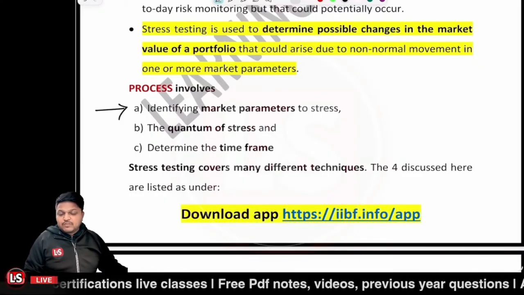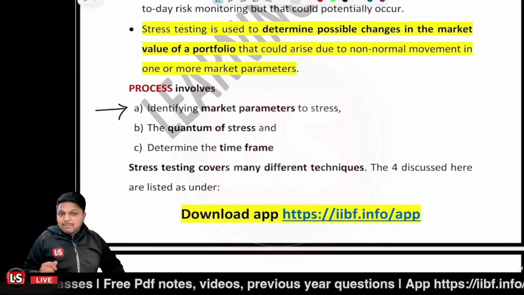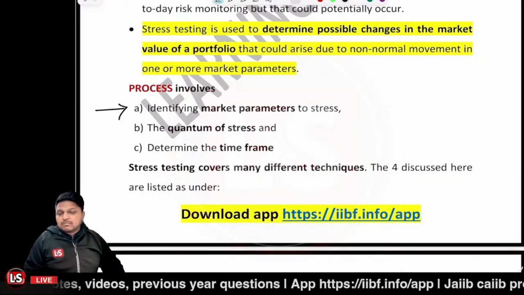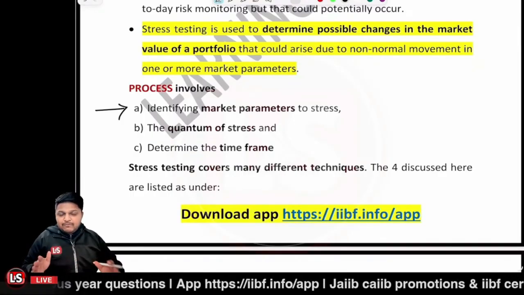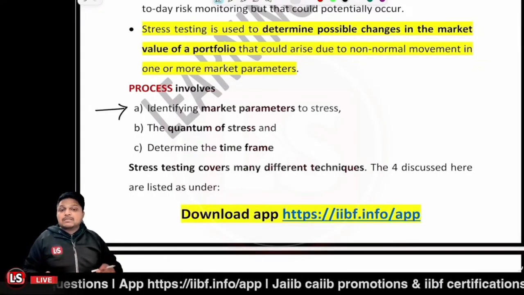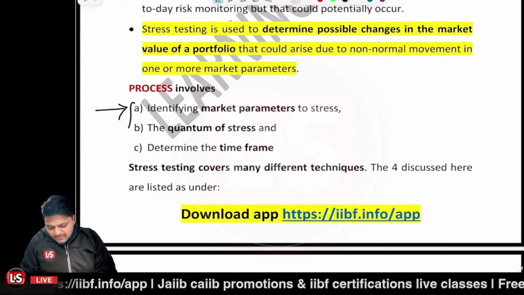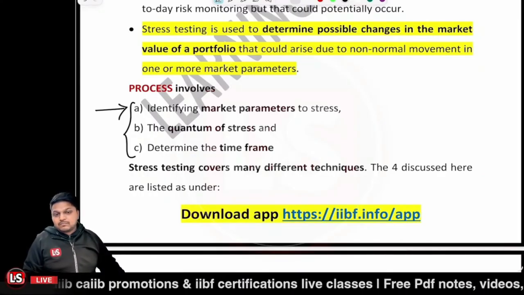We need to identify those market parameters, look into the quantum of the stress which may be there, and also determine the time frame over which the risk may be imposed. These are the three important things to be followed as part of stress testing.